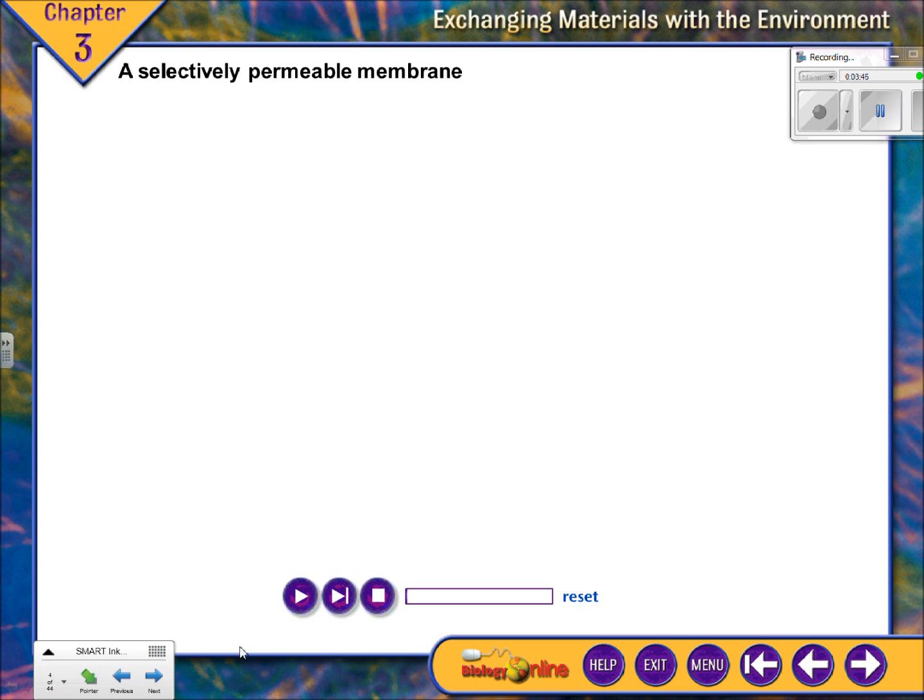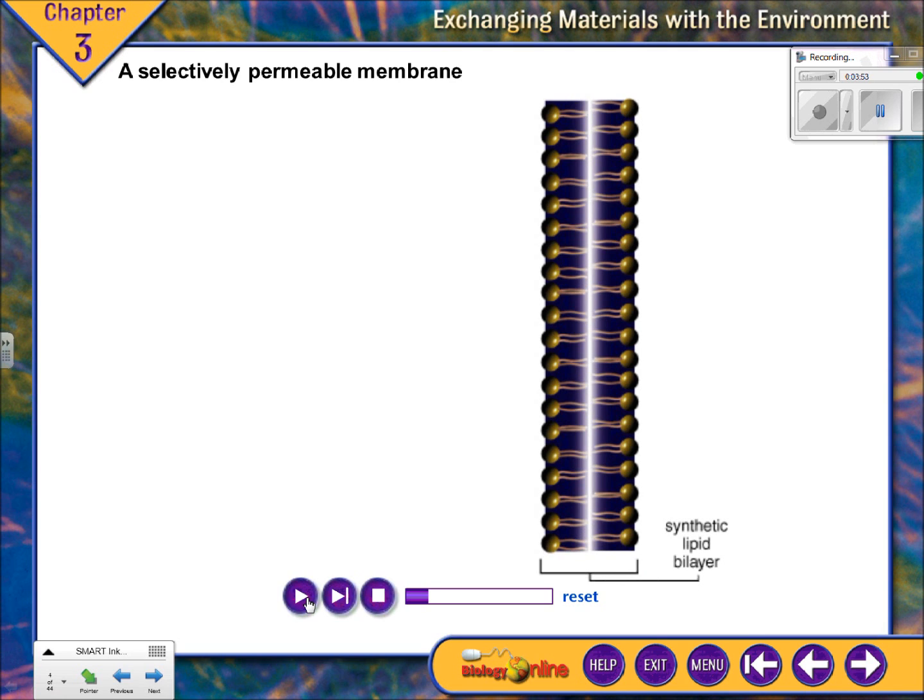So let's check this out. Not all molecules are equally soluble in the membrane. The nonpolar phospholipid tails of the lipid bilayer tend to repel charged particles such as ions, but allow fat-soluble molecules to pass. Usually, the polarity, size, and electric charge of molecules determine whether they can pass through a membrane. The small molecules of nonpolar gases such as nitrogen and oxygen can pass through freely.